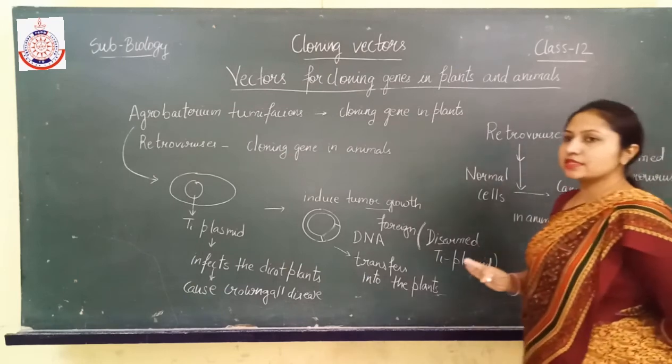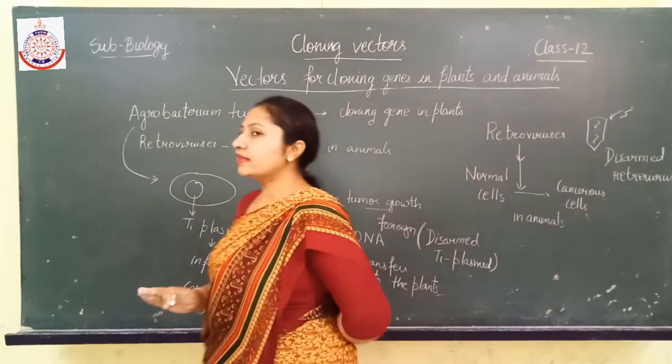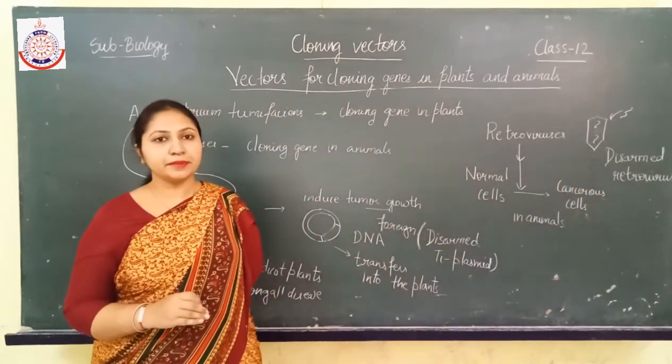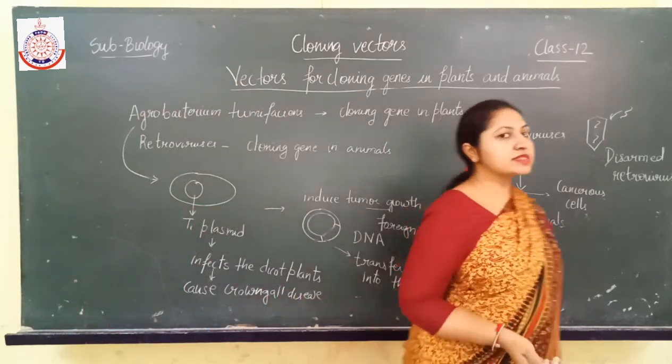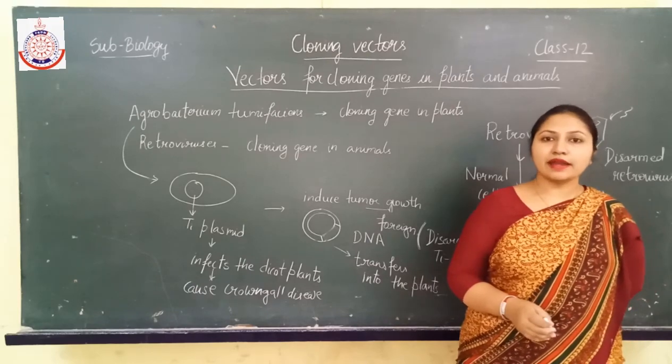Now they don't have the disease causing gene. In place of that, they have the desired DNA. And then they can be transformed into the host cells for producing the desired characters.